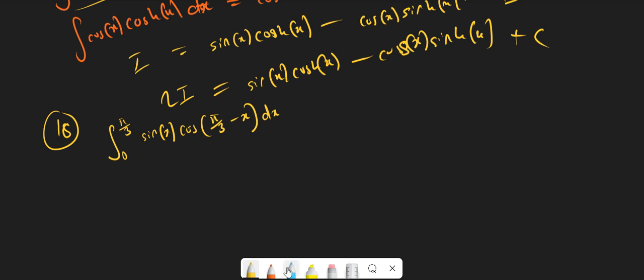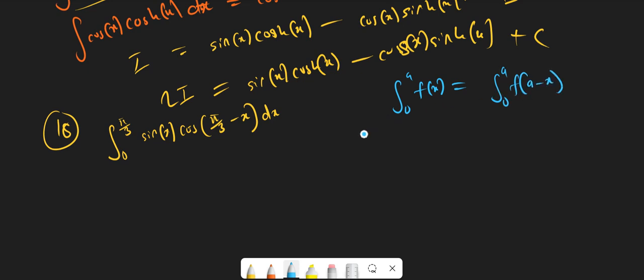Now we're going to use a trick, which is that the integral from 0 to a of f of x equals the integral from 0 to a of f of a minus x.